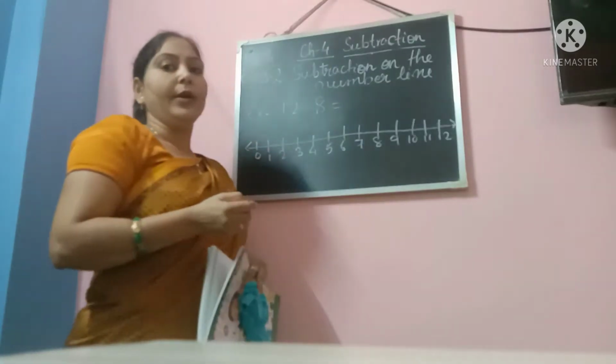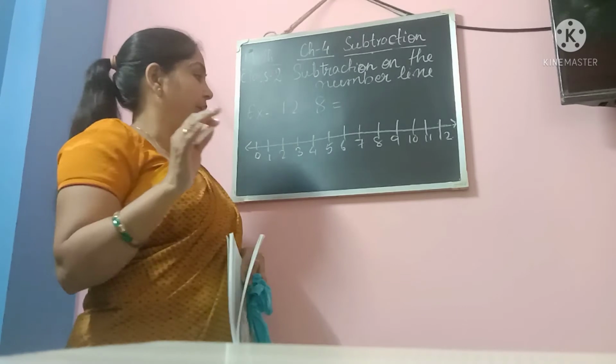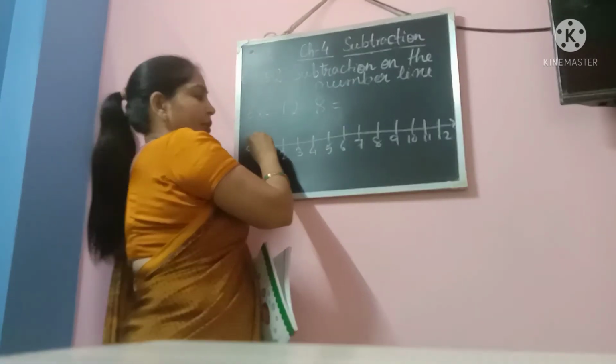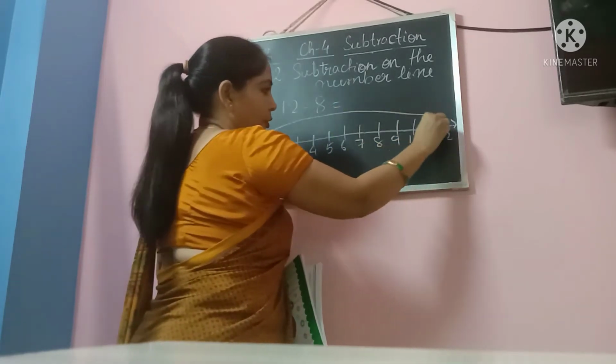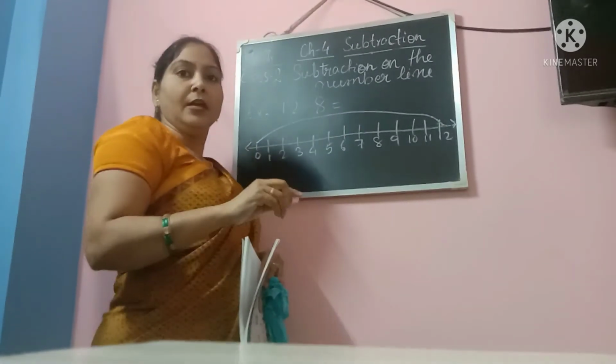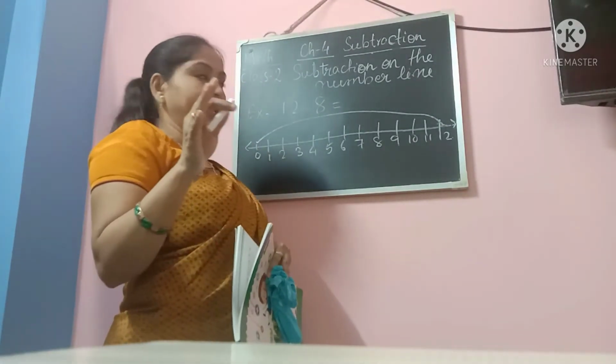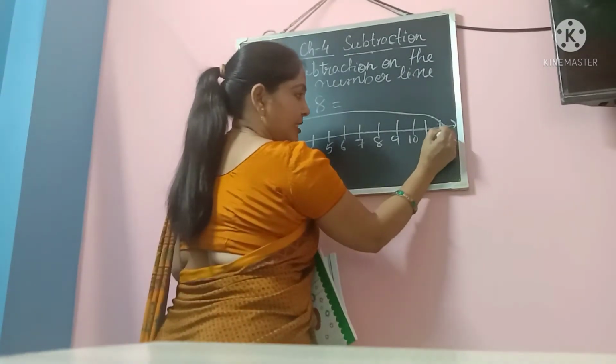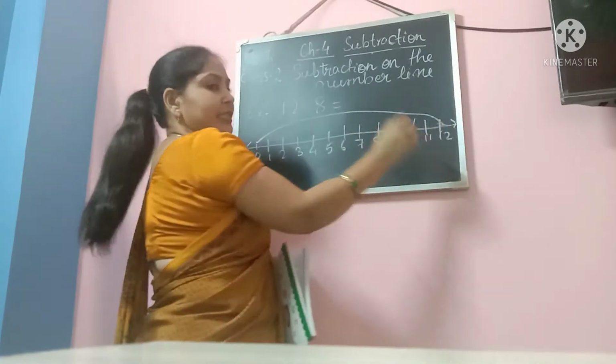Now in subtraction, what do we do? First from 0 we are going to go to 12. Then from 12, this is number 12, I will start moving backward.